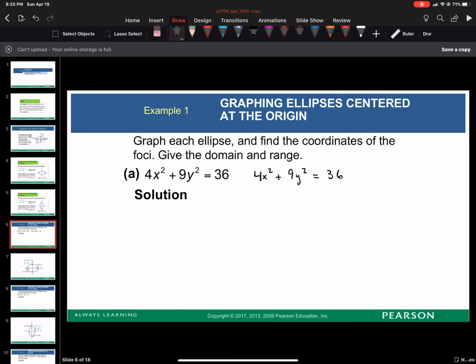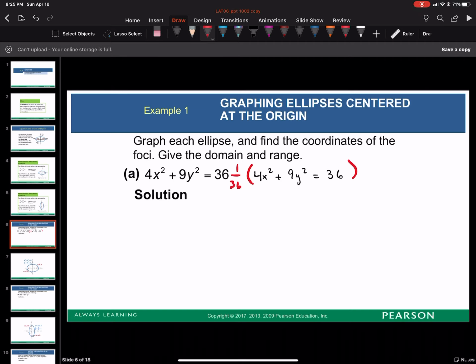Now, we have to put this in our standard form. So I'm going to take 36 and multiply it throughout this whole thing. Basically I'm multiplying by 1 over 36, because we're trying to get rid of the numerator.